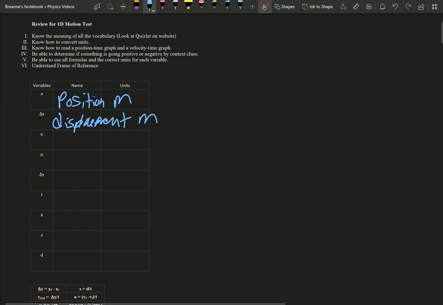They're both measured in meters. And your Vi is your initial velocity, and it's measured in meters per second.